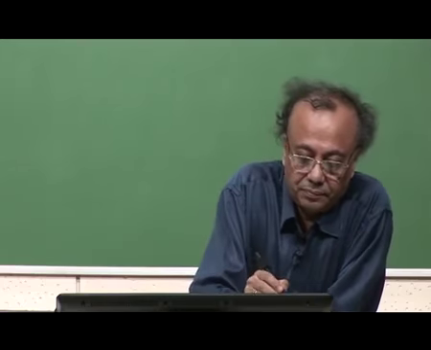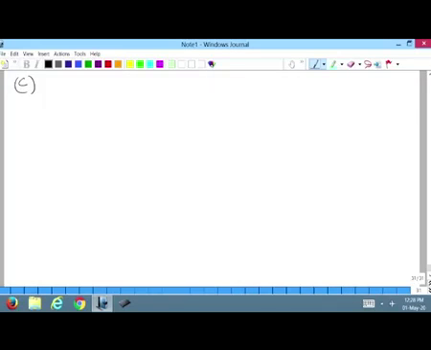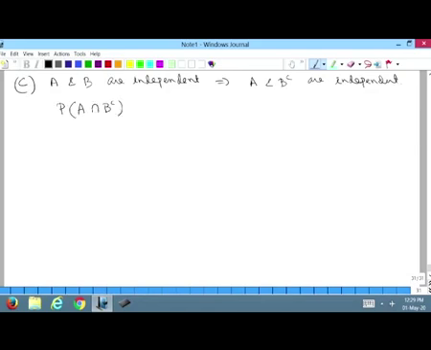C, A and B are independent implies A and B complement are independent. Now, probability of A intersection B complement.